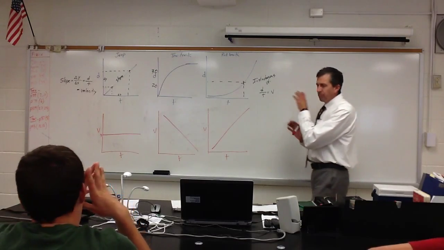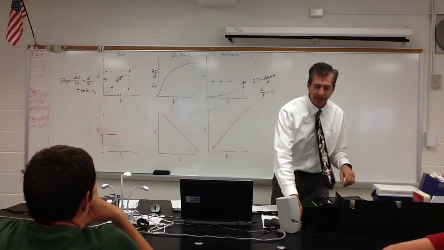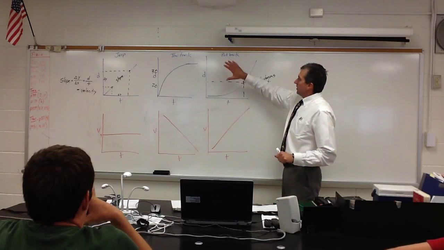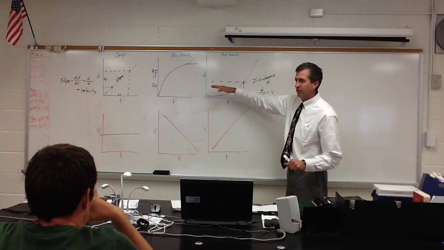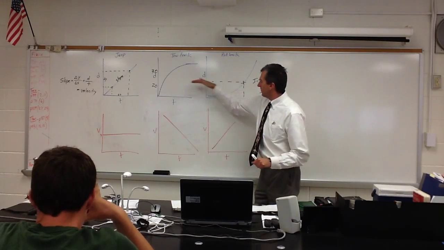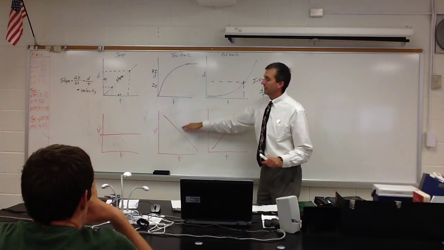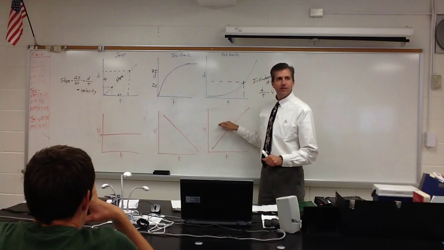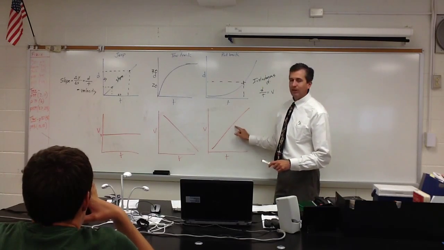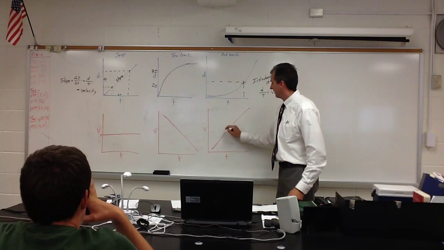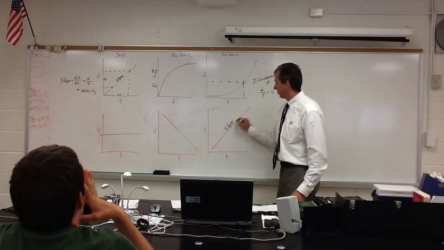Okay, but that brings us to the next really important key concept here. The distance was curved. And in each case, a curved distance led to a straight linear velocity graph. Okay. Well, can we take the slope of these? Sure we can.